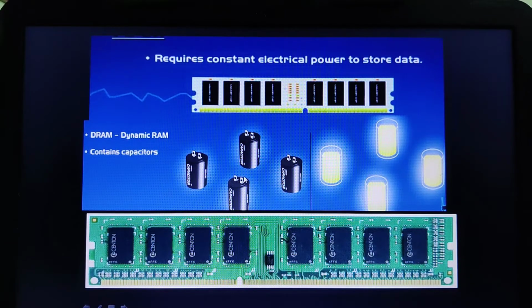These capacitors have to be continuously charged through electricity, because they cannot hold the data for a long time. They start constantly leaking, that is, losing whatever data is stored. Hence they need constant refreshing.